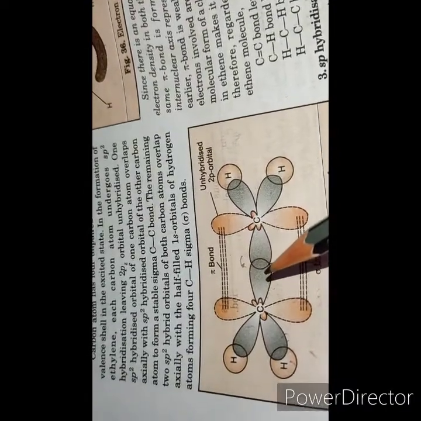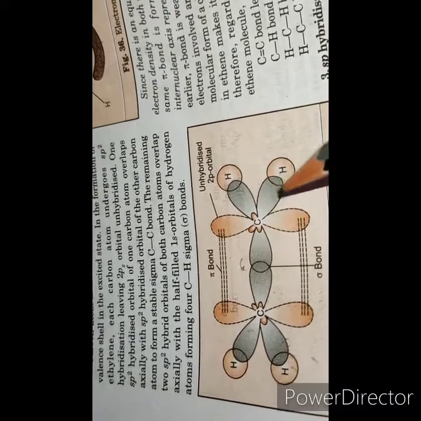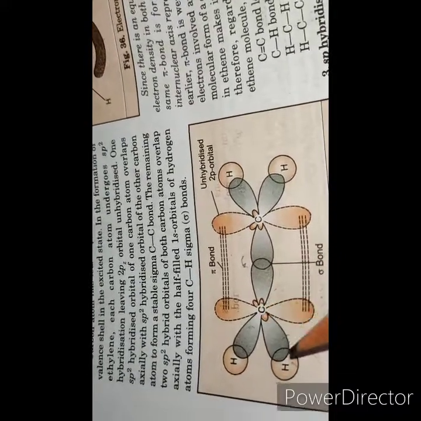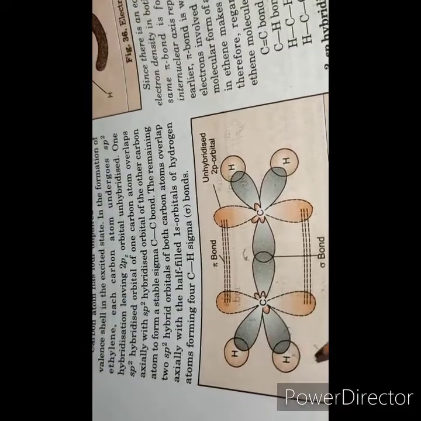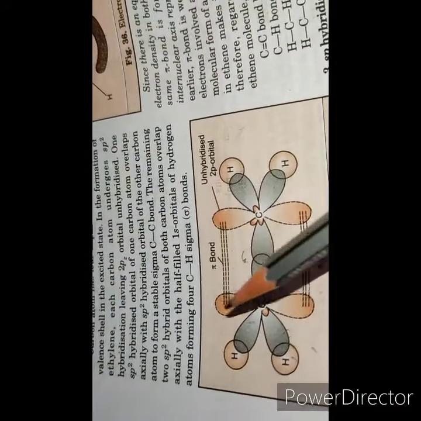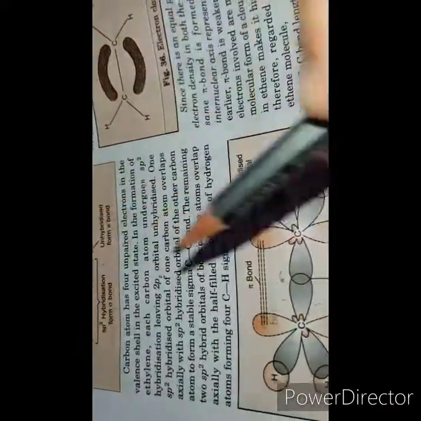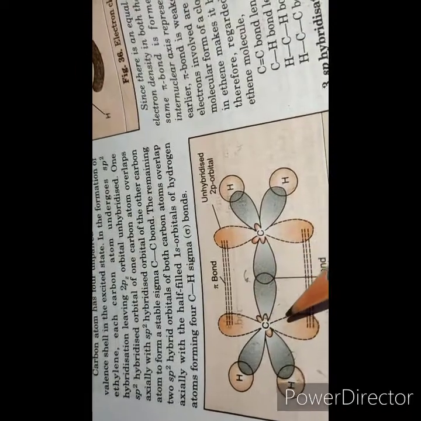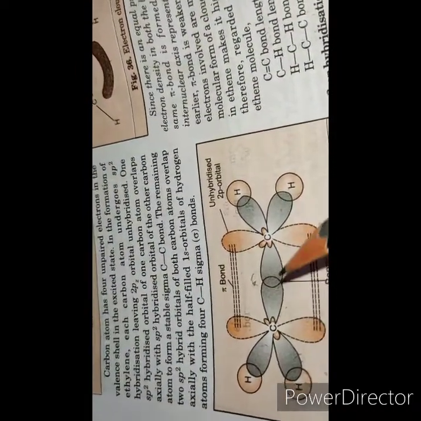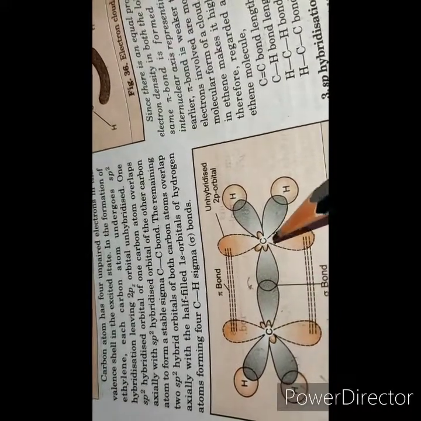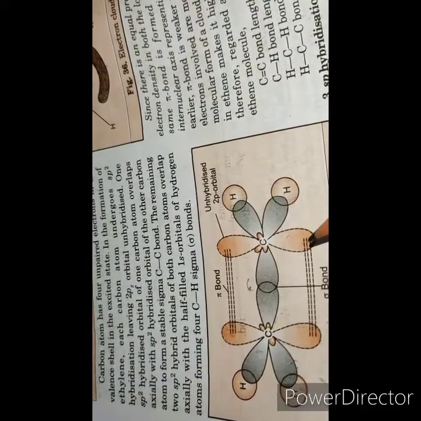One of the sp2 hybrid orbitals forms a sigma bond with the sp2 hybrid orbital of the other carbon, and the remaining 2 sp2 hybrid orbitals overlap with the 1s orbital of hydrogen. The p orbital which was left unhybridized forms the pi bond. This is the p orbital of this carbon, and this is the p orbital of the other carbon, and they overlap to form the pi bond.